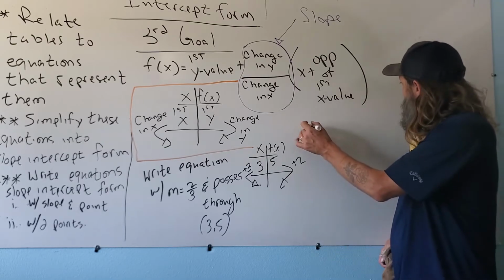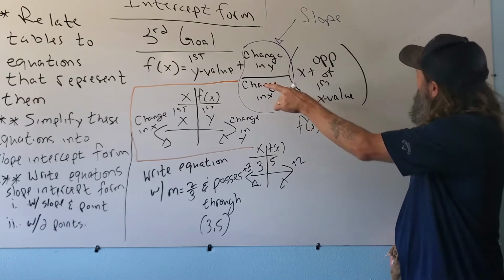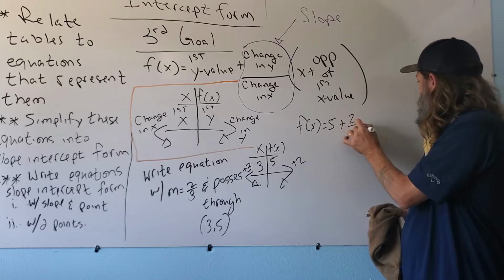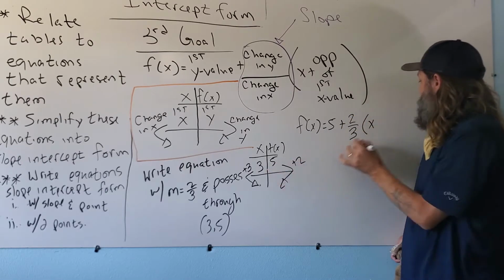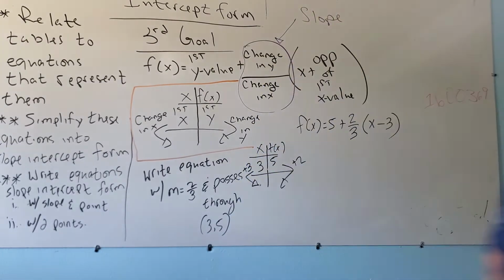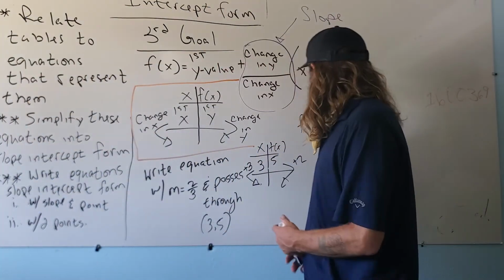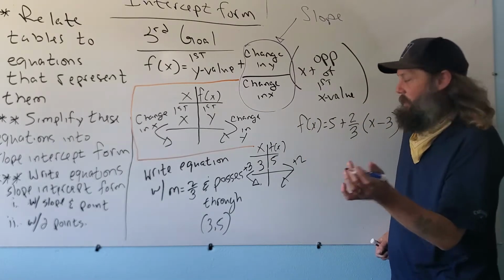All right, so I'm going to plug everything in. f of x equals my first y value, which is 5, and then I'm going to add that to my change in y divided by my change in x. Then it's x plus the opposite of the first x, so that's minus 3. Now, I know that some of you aren't going to like the fraction, so let's get rid of the fraction and use that one step that we saw.